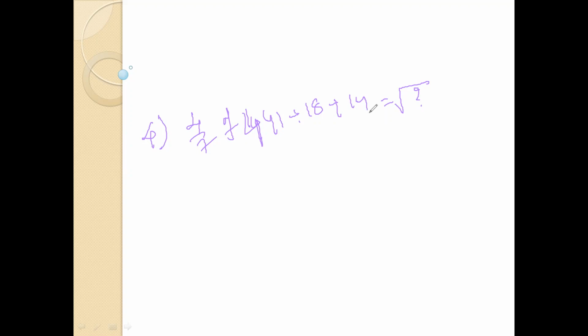Four by seven of 441 divided by 18 plus 14 equals square root of question mark.